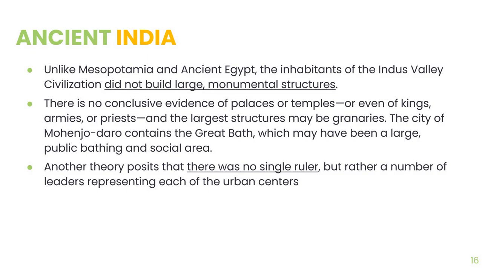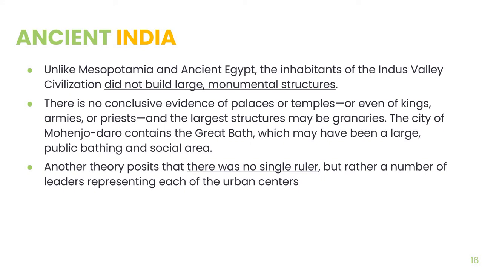Now, unlike Mesopotamia and ancient Egypt, the inhabitants of the Indus Valley civilization did not build large monumental structures. Okay? So, wala silang masyadong temples, walang palaces, or even kings, armies, or priests. And perhaps the largest structures that can be considered were just granaries.